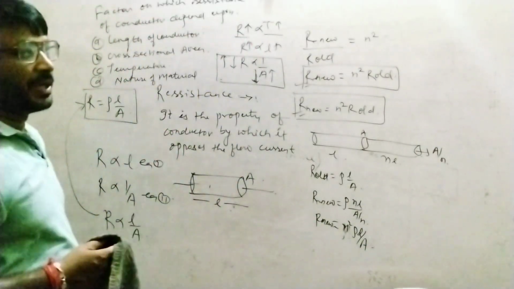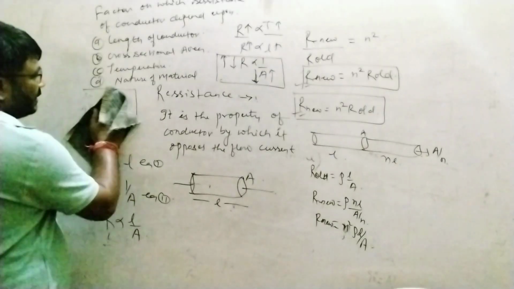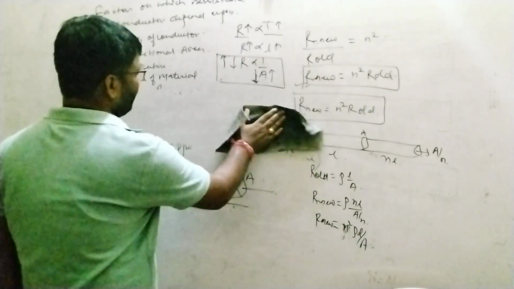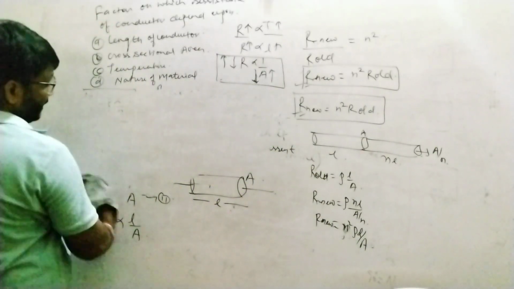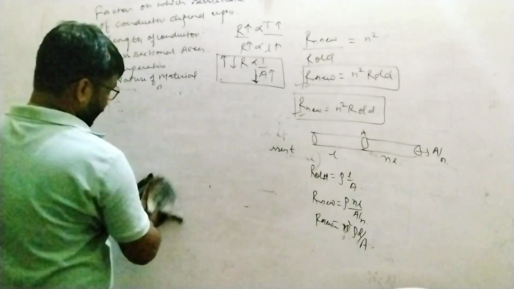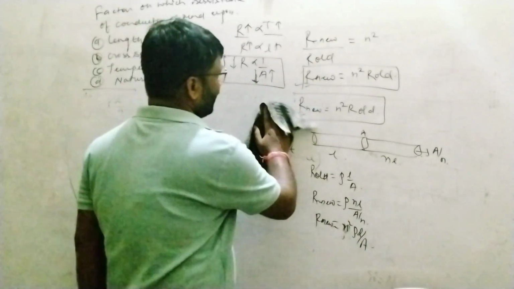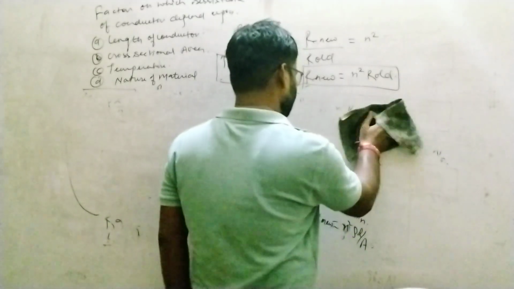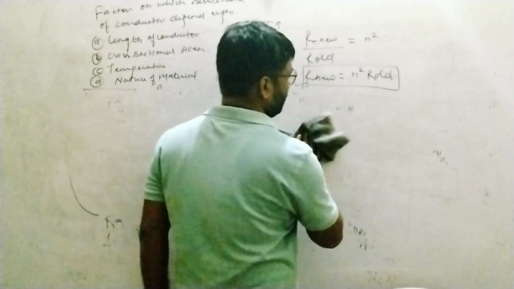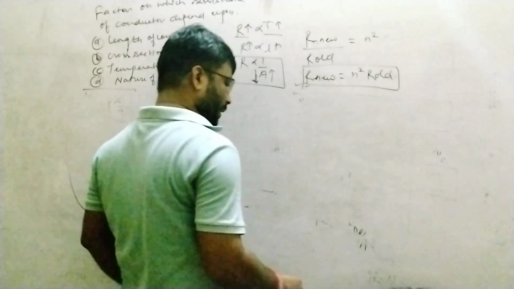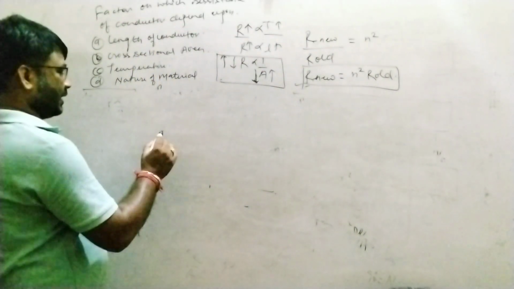Next, we will talk about the temperature dependence of the resistance. In case of metals or conductors, the resistance is directly proportional to the temperature. That relation is given as the temperature dependent resistance equation.